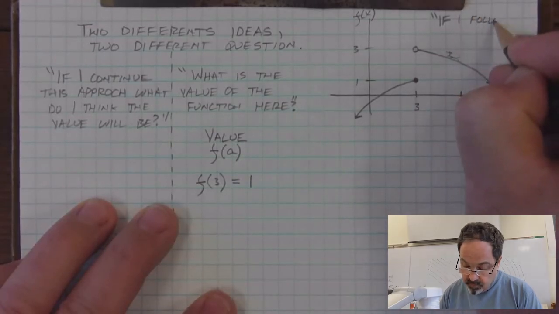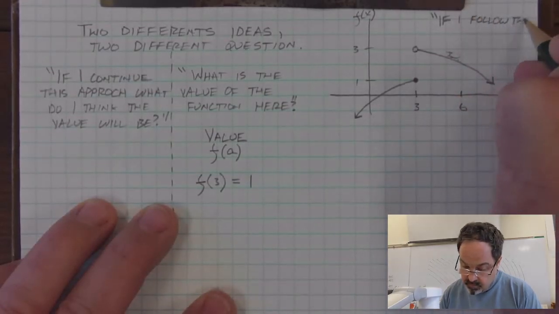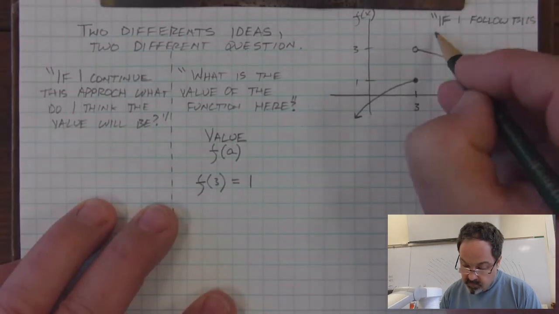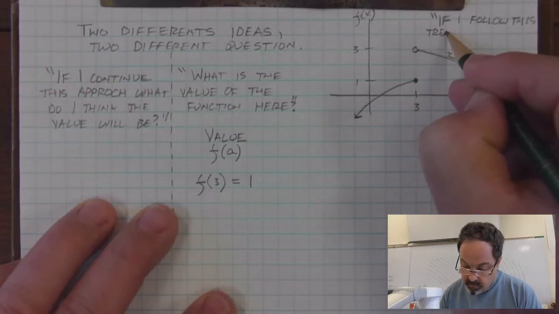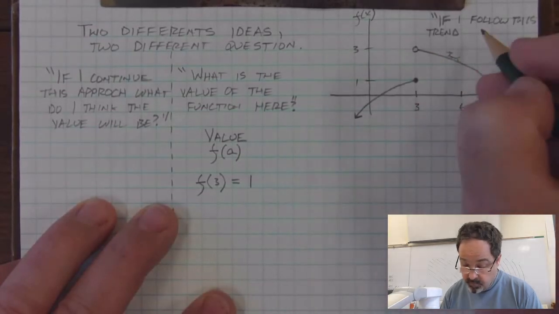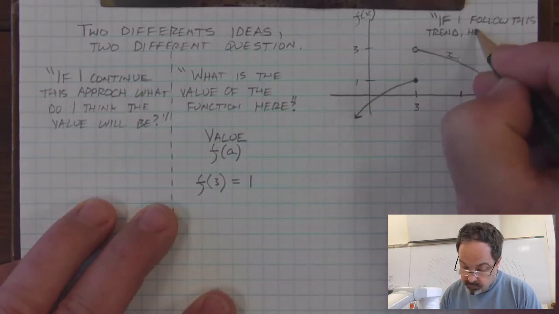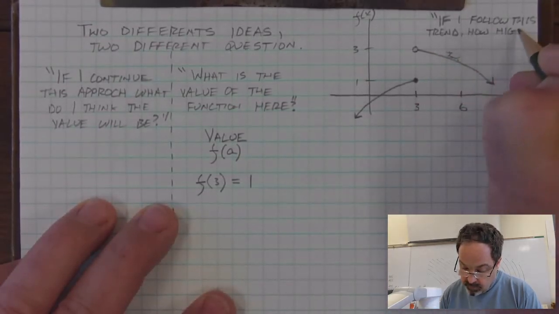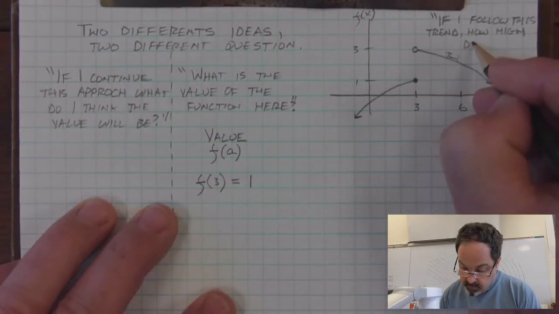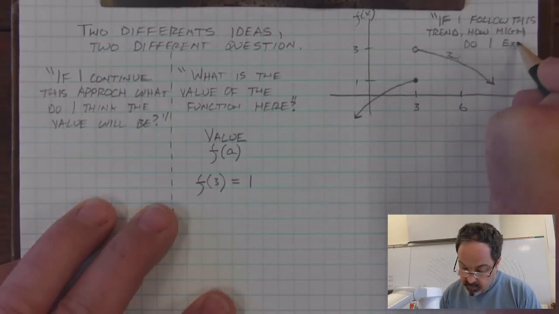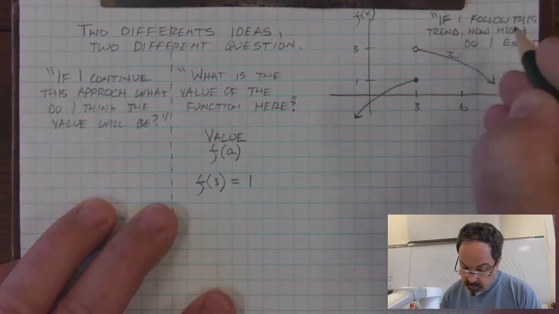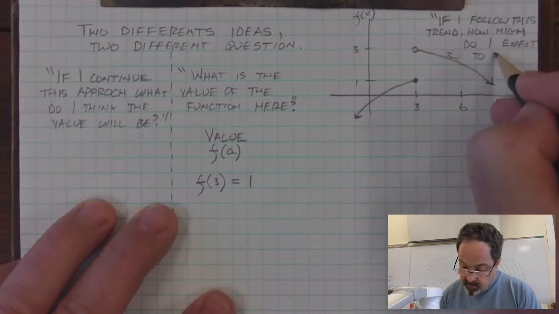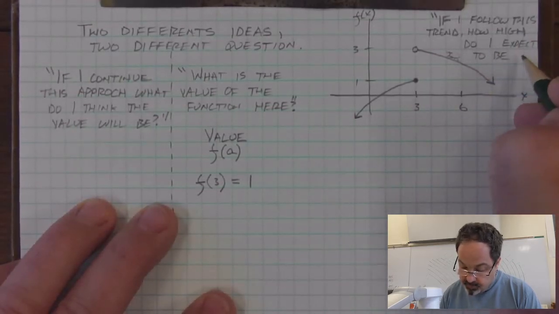If I follow this trend, the curvature of the function, how high do I expect to be when I get to 3 in the domain?